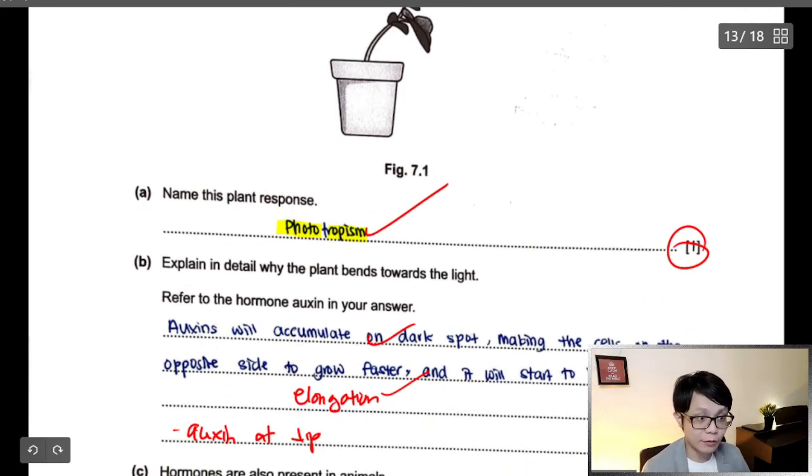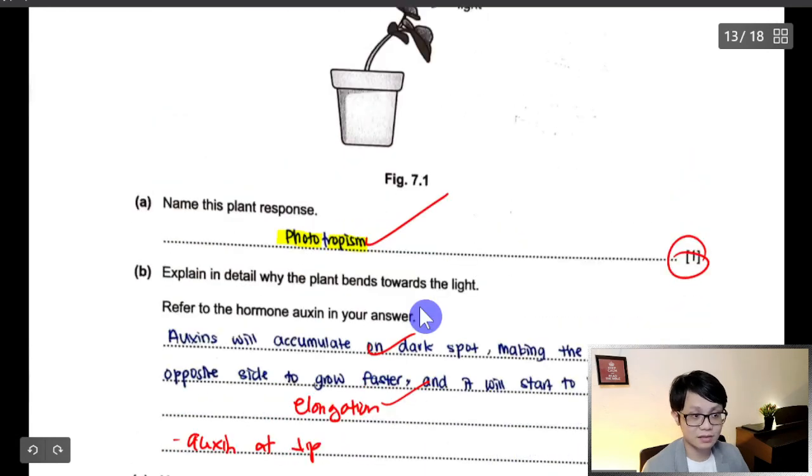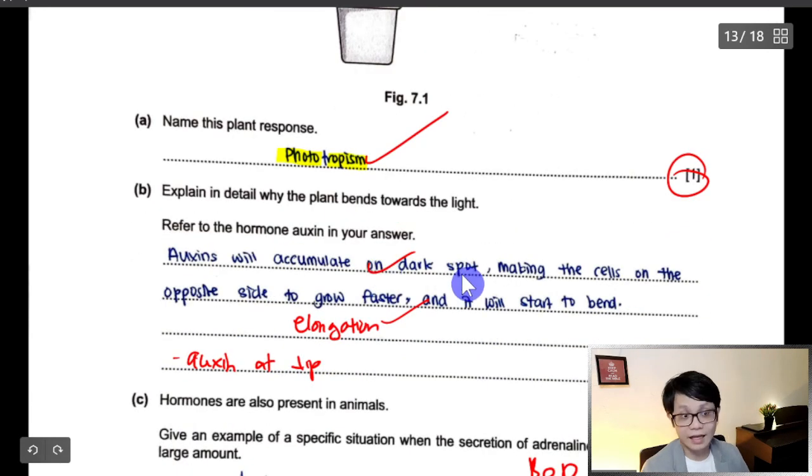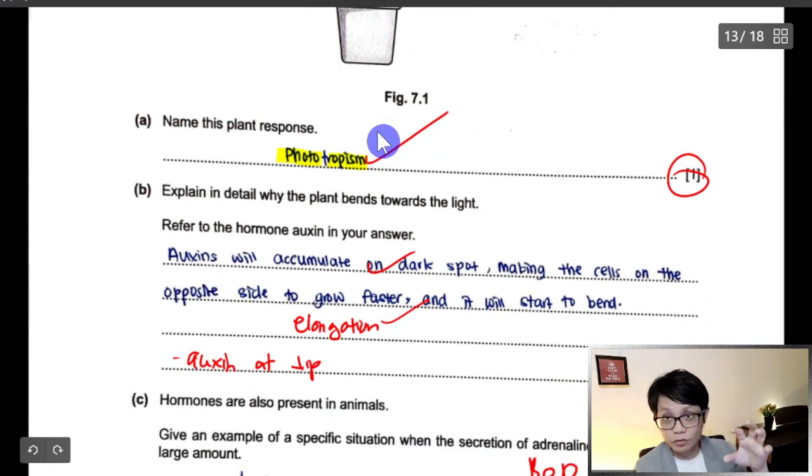Explain in detail why the plant bends towards the light. Actually, I think this one does very well. First thing, because oxygen will accumulate at the dark spot, it will cause elongation. This means that in the dark spot there is oxygen. Oxygen actually is a hormone for the plant to grow. If there is more oxygen, there is more growth of the plant.